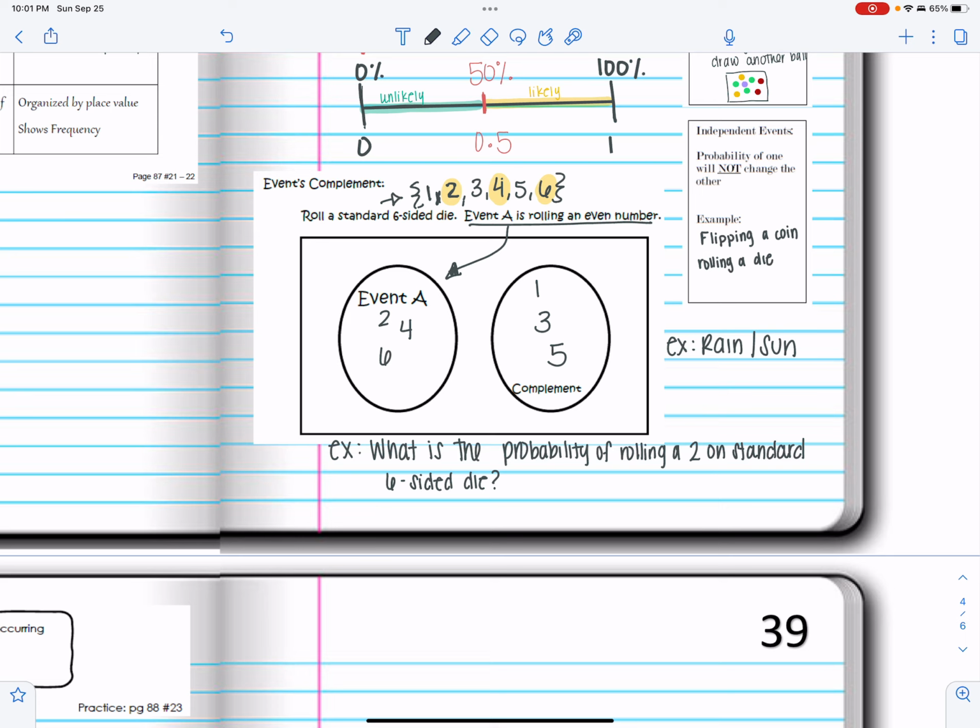So here's our example, just a very standard basic probability problem. What is the probability of rolling a 2 on a standard 6-sided die? We already have our sample space here: 1, 2, 3, 4, 5, 6.